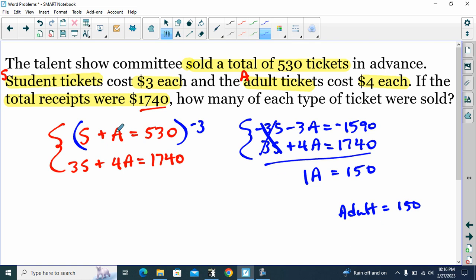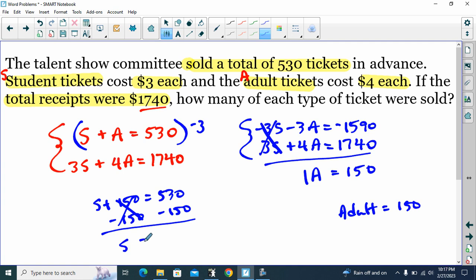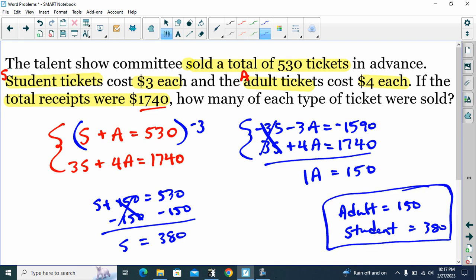Plug 150 in for A. We have S plus 150 equals 530. And solve for S. And I find that there were a total of 380 student tickets sold. 150 adult tickets, 380 student tickets.